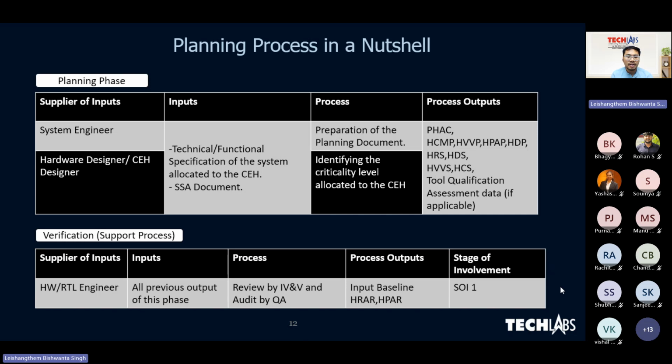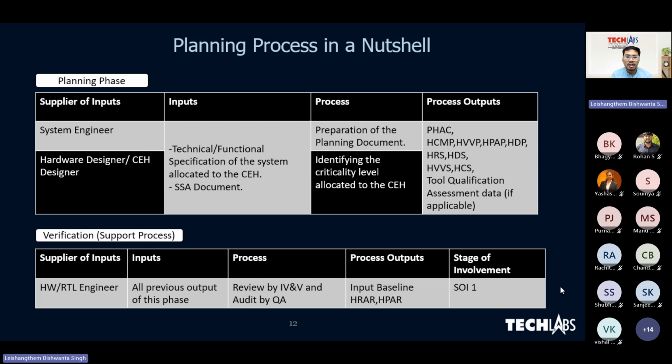And as a part of verification, which is a supporting process, all the outputs of the planning process will be reviewed and audited by the quality assurance team. And then they will have some baseline documents. At the end of the planning process, you will have the first audit, the stage of involvement, SOI. I'll be talking more about SOI stages of involvement in later slides.